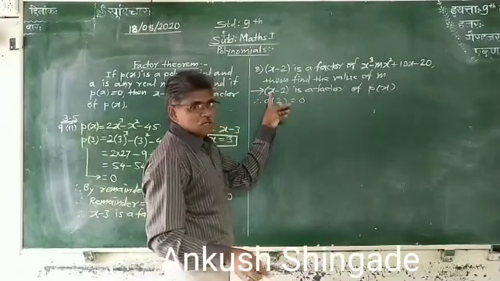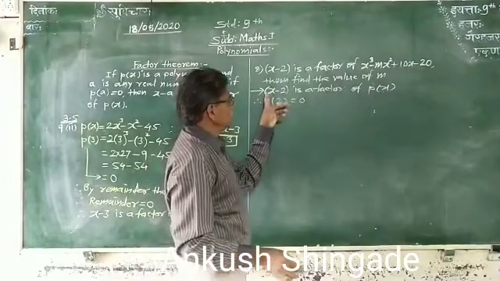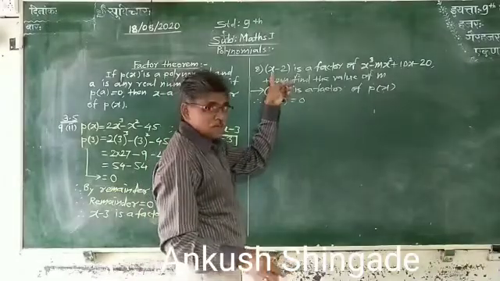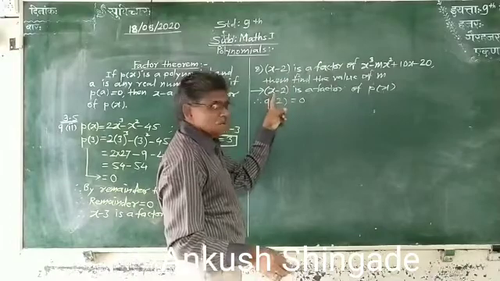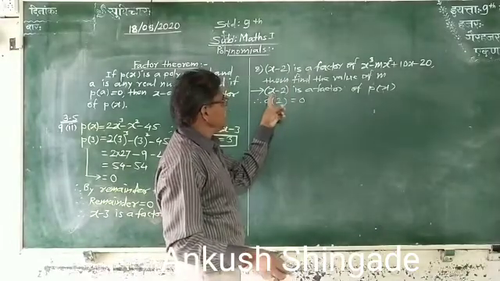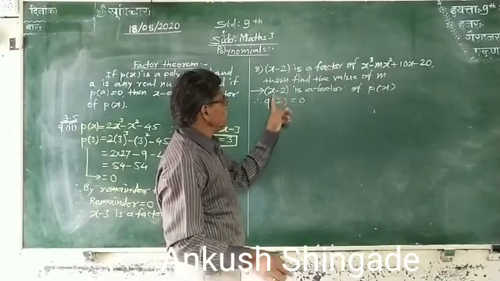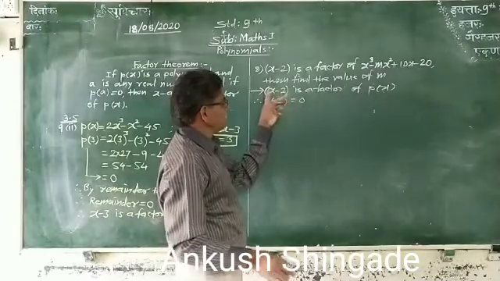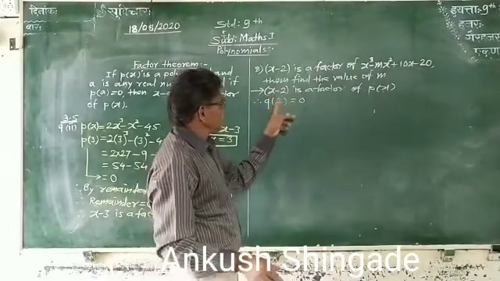This is Qx. Here x minus 2 is a divisor. That means it is a divisor polynomial. Therefore x minus 2, therefore x equal to plus 2.